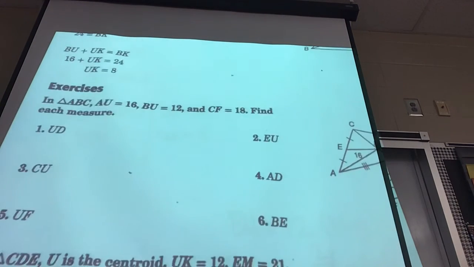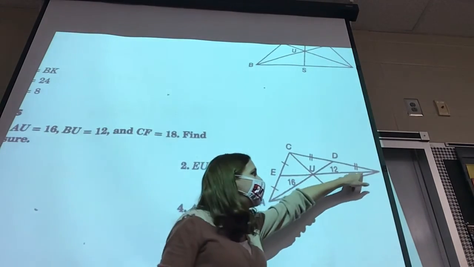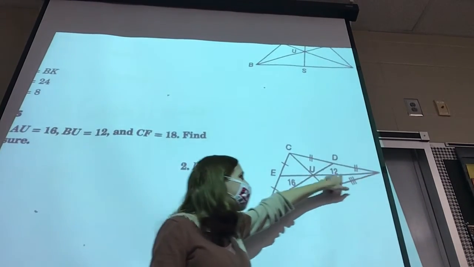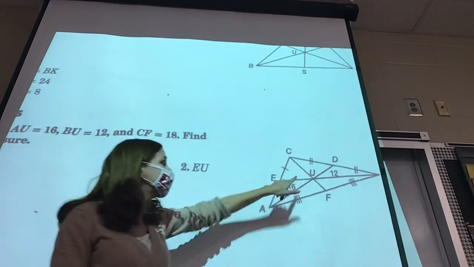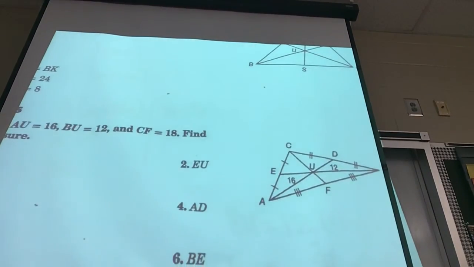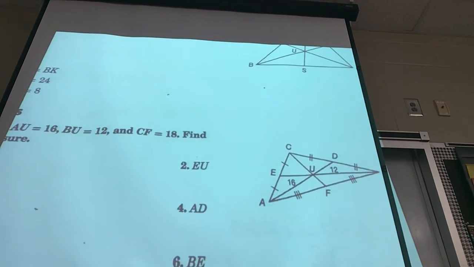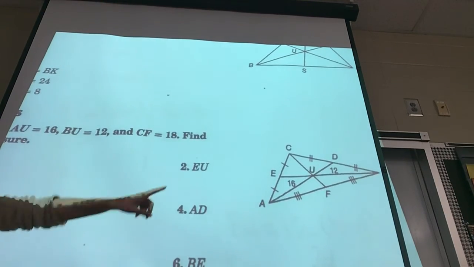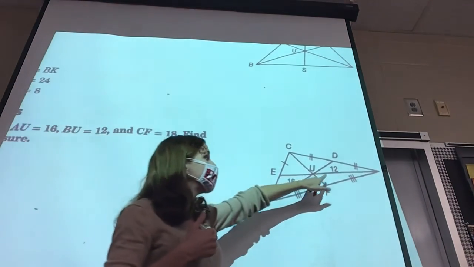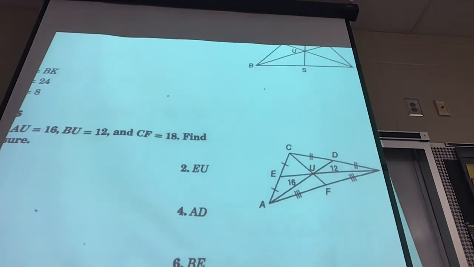So now I have BU. I now have BE, which is the whole line. So how am I gonna find that little bitty piece of EU? Subtract them again. So if you subtract the answer you just found and that 12, you're going to know what the answer to number 2 is.